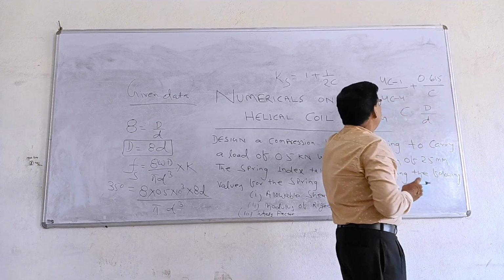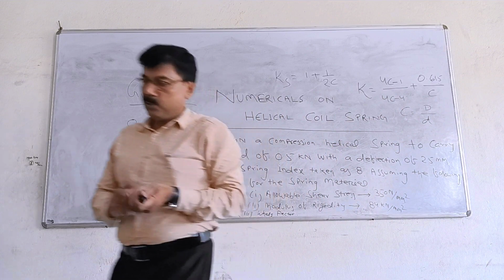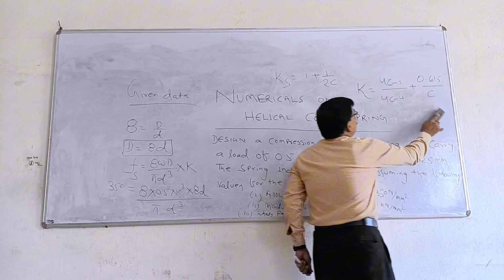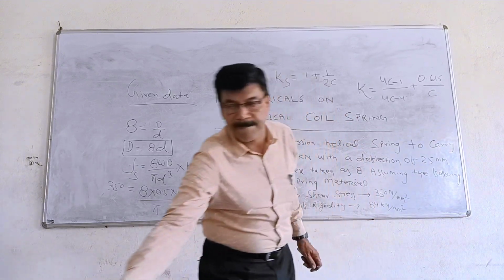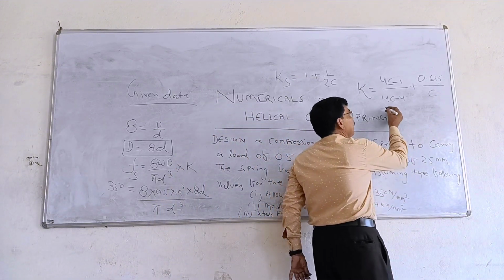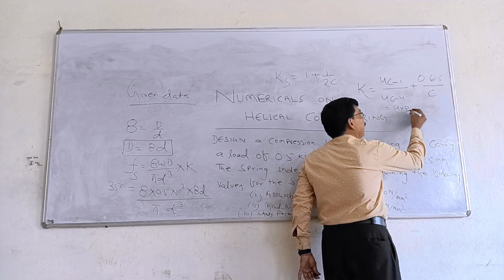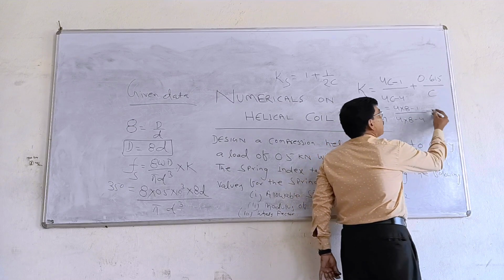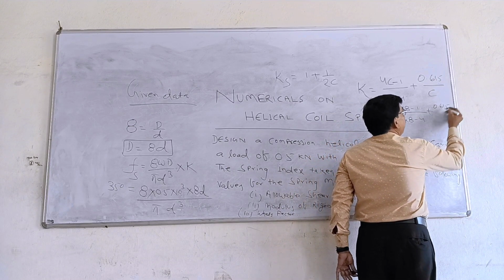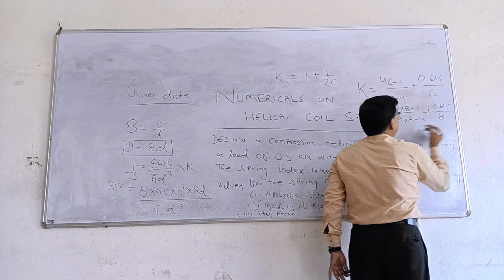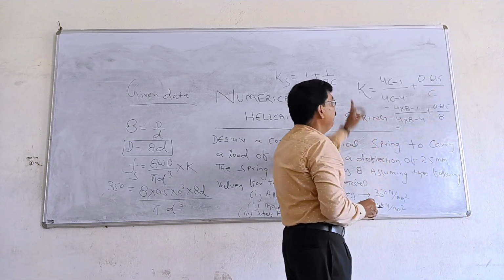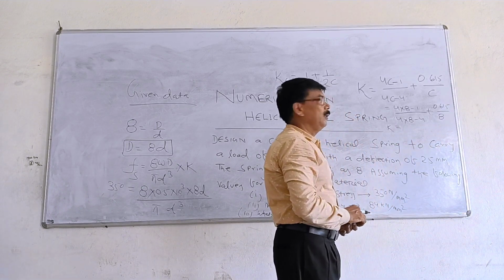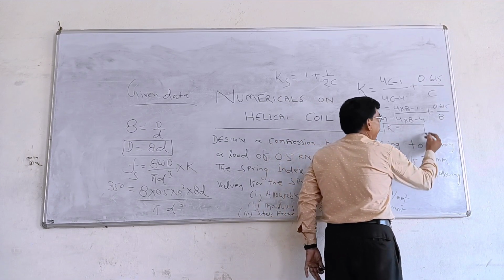So first you have to find out the value of K. 4c, c value 8 given. This is equal to 4 into 8 minus 1 divided by 4 into 8 minus 4 plus 0.615 divided by 8. So calculate this and you will find out the value of K.